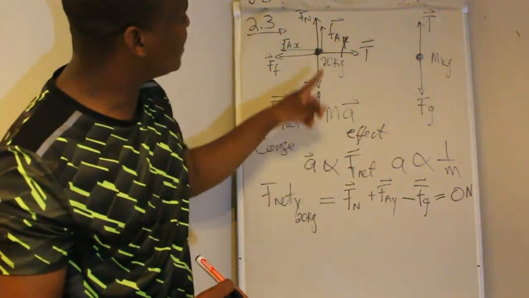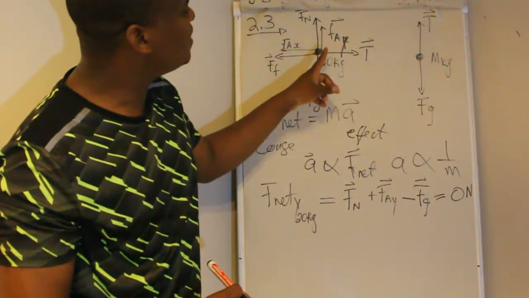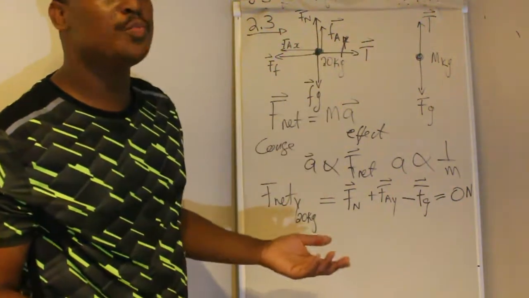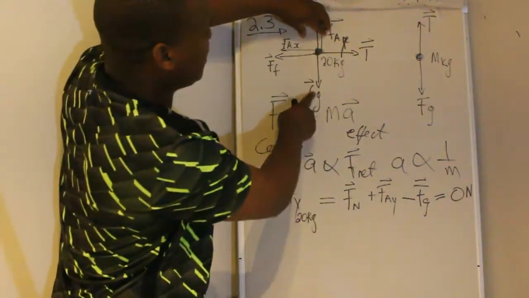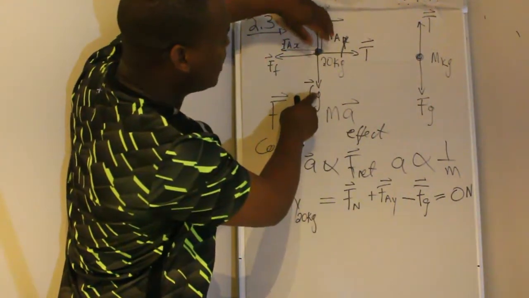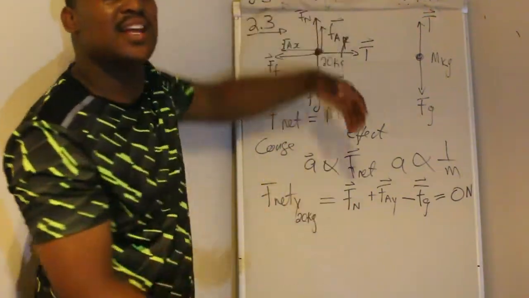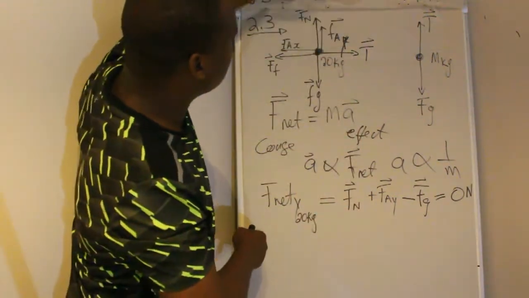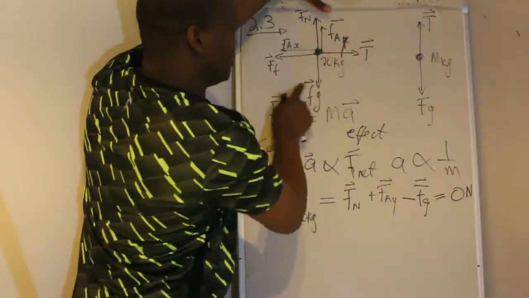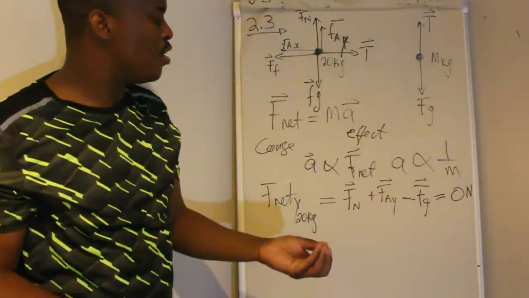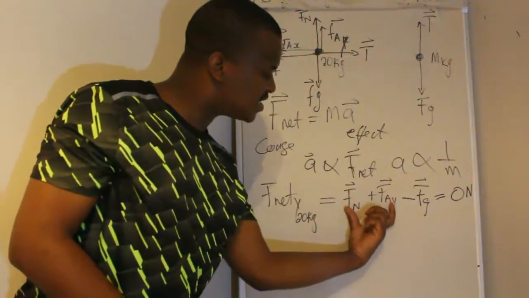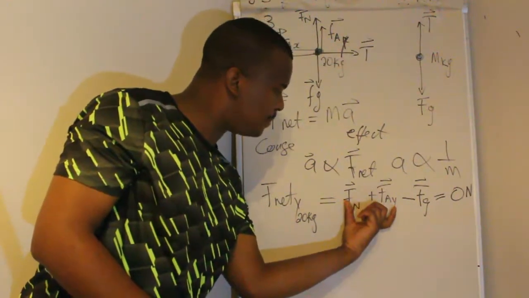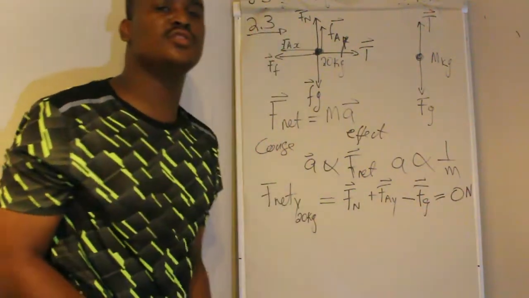So if you add these two and subtract this one, the answer will be 0, because x minus x is 0. For example, if these two are 5 newtons and this one is 5 newtons, then 5 minus 5 is 0. So the sum minus the force of gravity should give you 0 newtons.